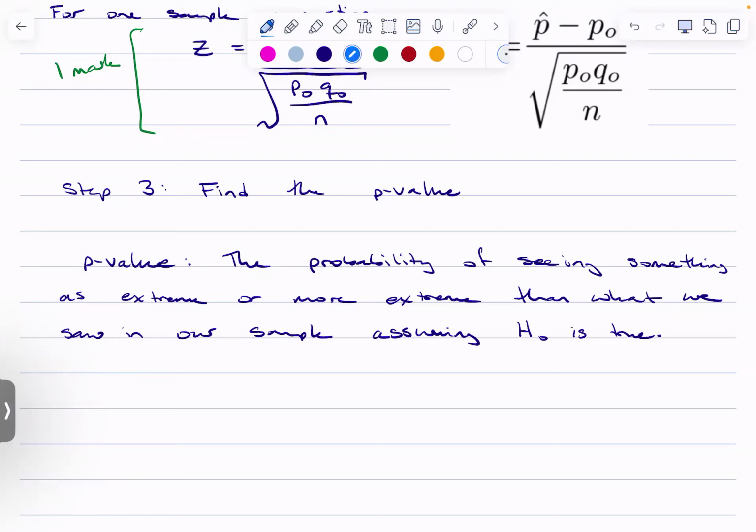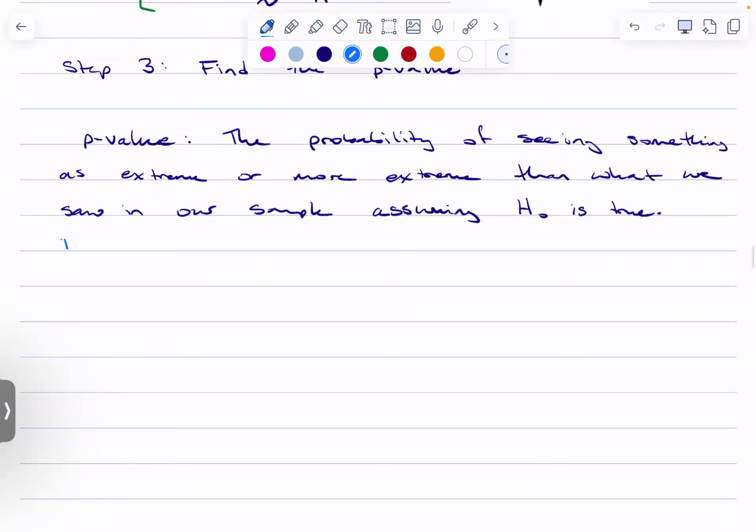And so for one sample proportion, this becomes more specific. The probability of seeing a p hat as extreme or more extreme than what we saw in our sample, assuming that P is equal to P naught is true.